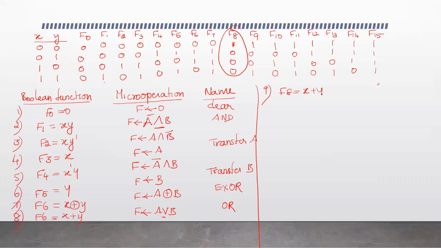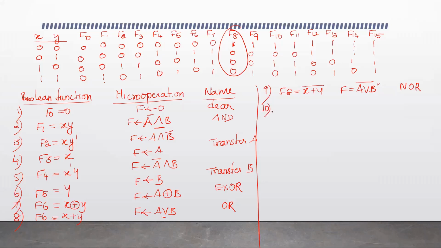Previous one is X OR Y, and here X OR Y complement. So the function is A OR B complement. And what is the logic gate that performs the complement of OR? It is NOR. The name of the function is NOR.